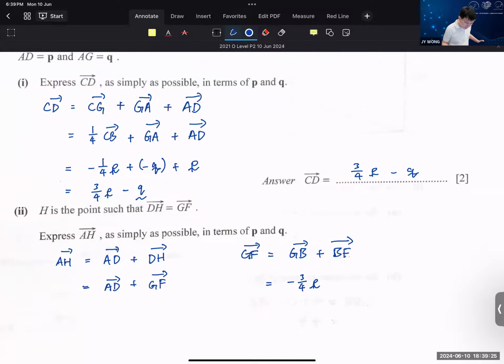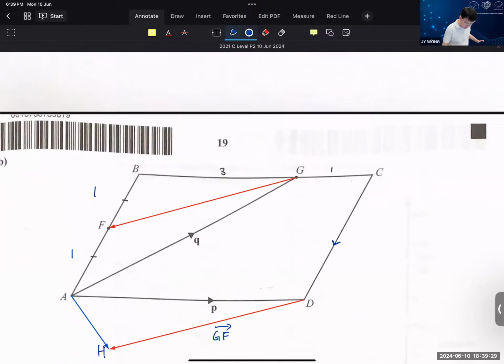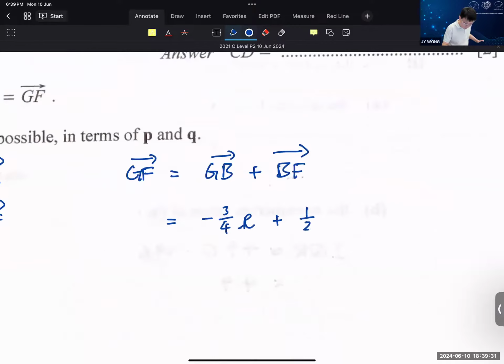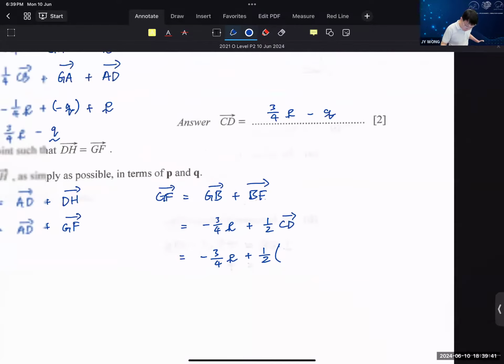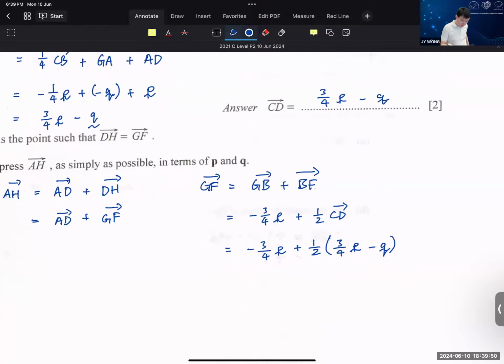On the other hand, what is BF? BF is half of CD. And what is half of CD? We already simplified CD just now. So half times 3/4 P minus Q. Simplify this.